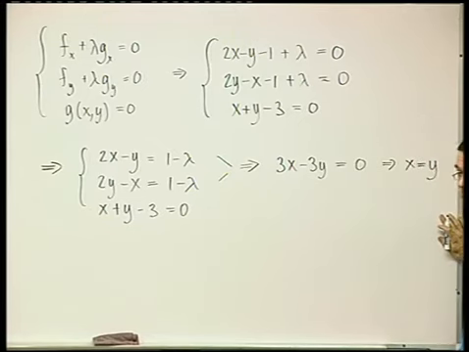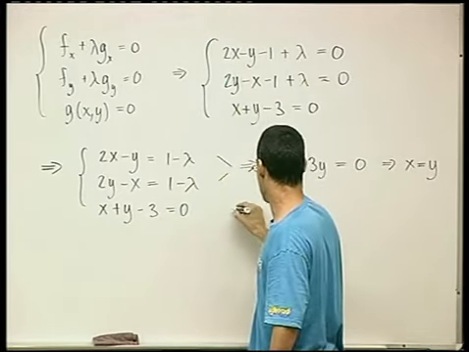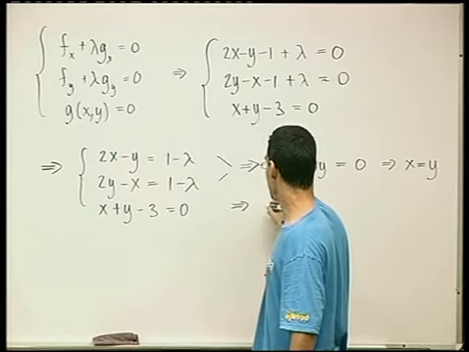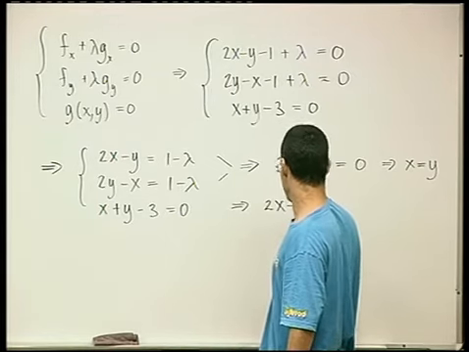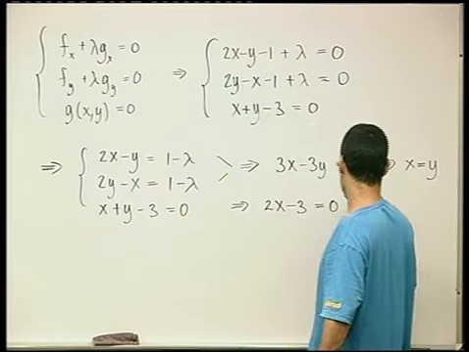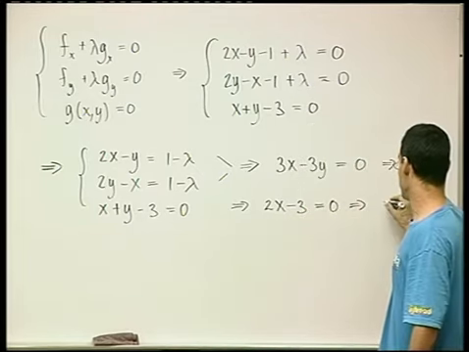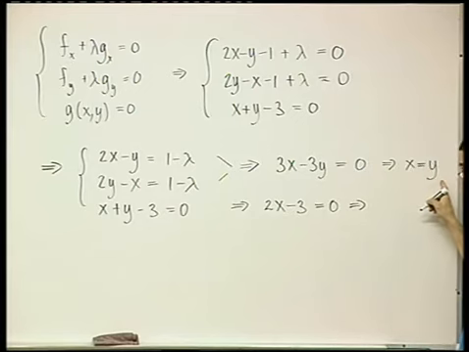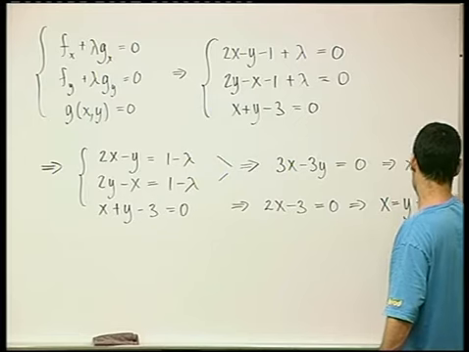Do you agree? Okay. And now I'm going to plug that into here. So x equals y. So now from this one I get 2x minus 3 equals 0. Therefore, 2x equals 3. So x equals 3 over 2. And x equals y. So both x and y equal 3 over 2.